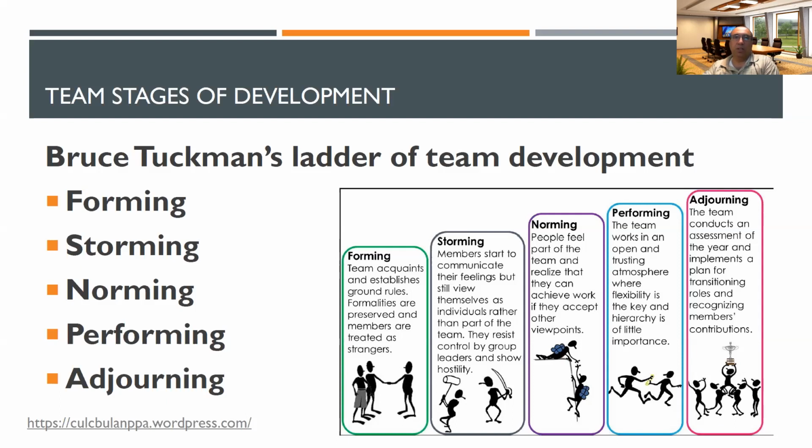So they start agreeing with each other's viewpoints. They adopt the other viewpoints. So you see cooperation between the team members. They are now norming. And then performing is they all are working towards a common goal.